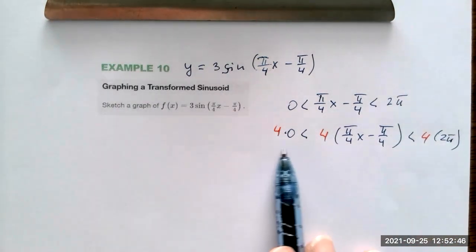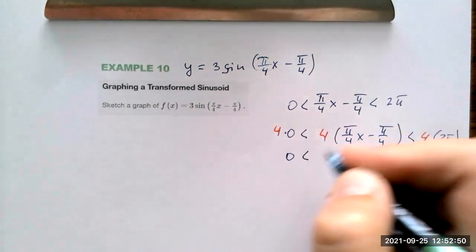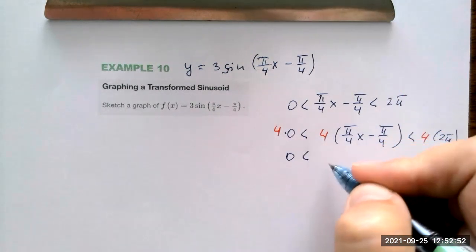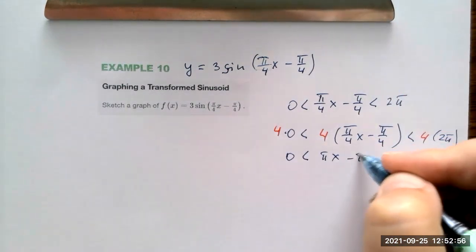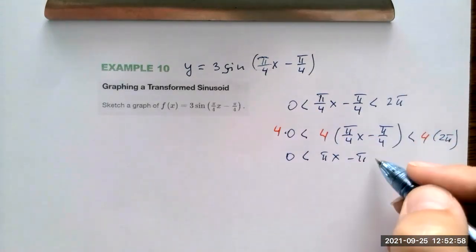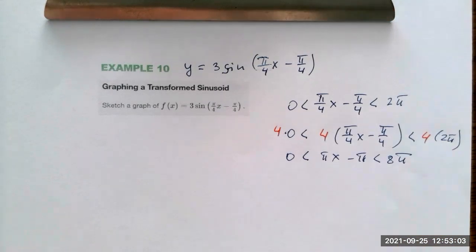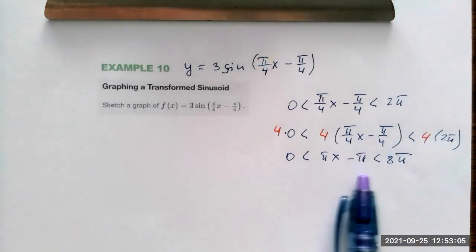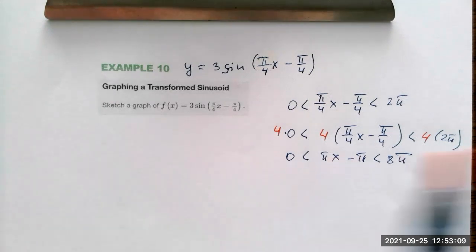Okay, so once we multiply, we're going to have 0 here, pi x minus pi when we distribute the 4, and then we're going to have 8 pi on the side. We're going to continue to solve for x.